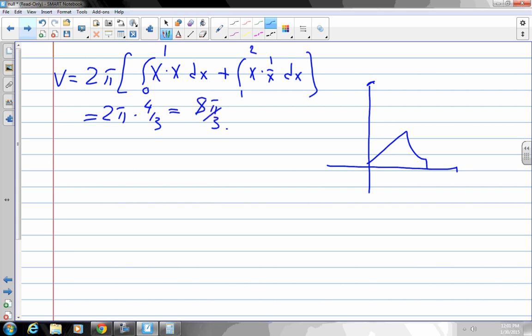But if I take the same shape and shift it over here, the area of the shape will stay the same, right? But if I rotate around the y-axis, I'll get a bigger donut, so the volume should be different, right? But if I just keep going 2 pi times the area, then it doesn't matter where the location of this region is, right? So we're missing something.